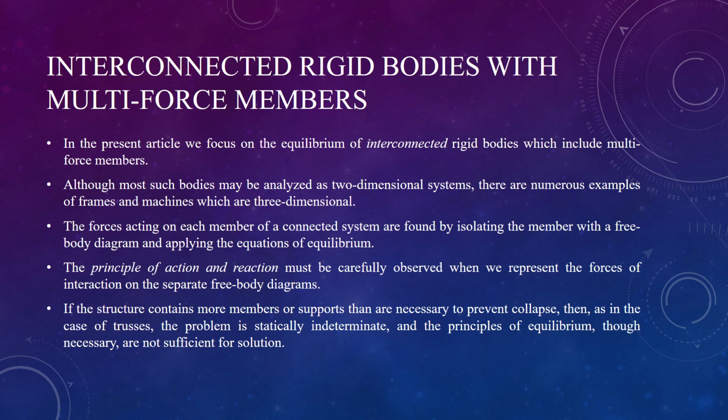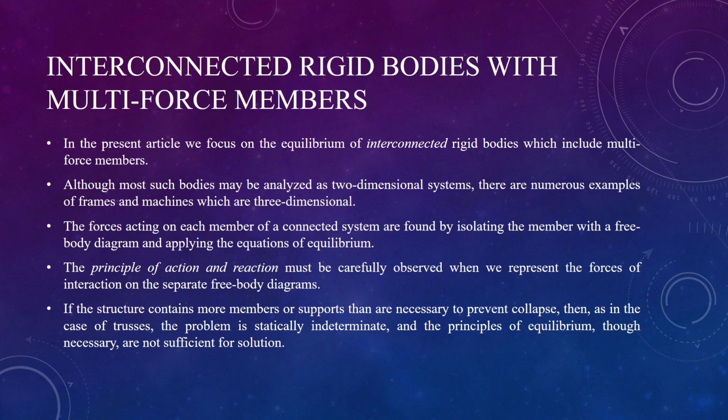The forces acting on each member of an interconnected system are found by isolating the members with free body diagrams and applying the equations of equilibrium. The principle of action and reaction must be carefully observed when we represent the forces of interaction on the separate free body diagrams.